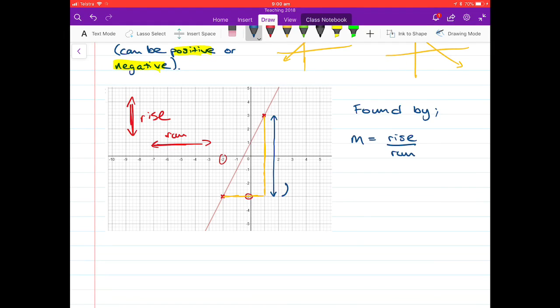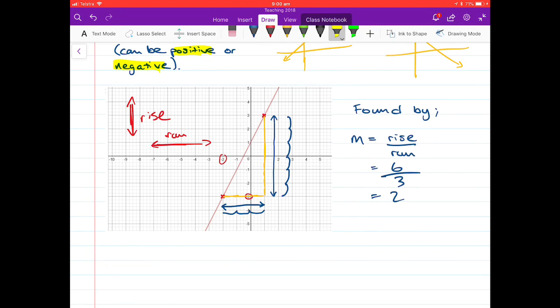I can count from here 1, 2, 3, 4, 5, 6 to get to there. So that's my rise. My run is from here across to just here, and I can see that is 1, 2, 3 units. 6 divided by 3 gives us our gradient of 2, which is our m value in our y = mx + c.